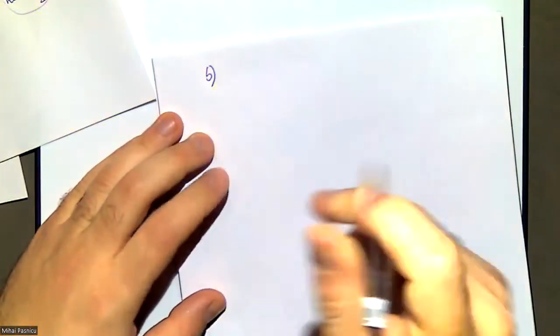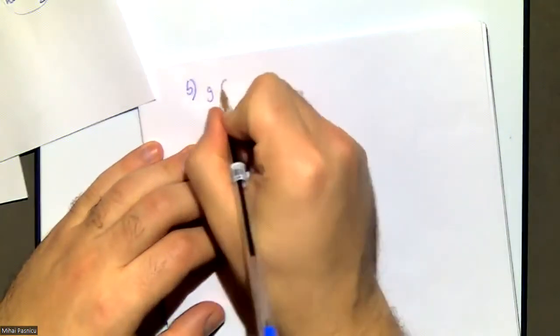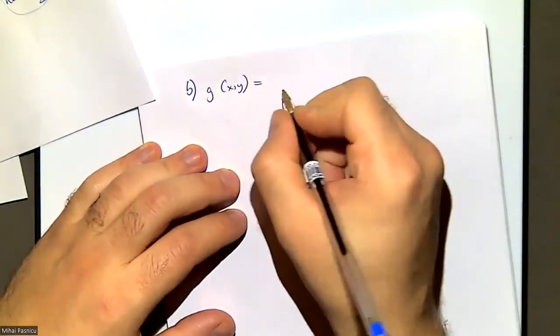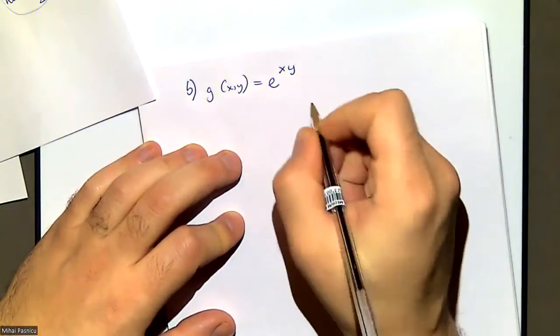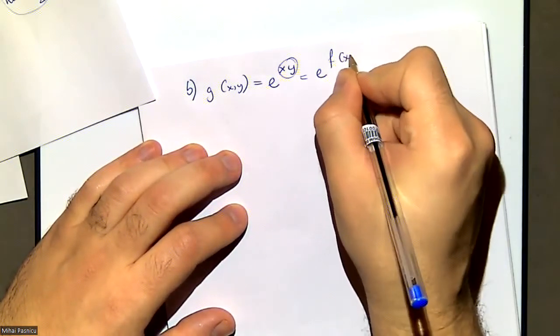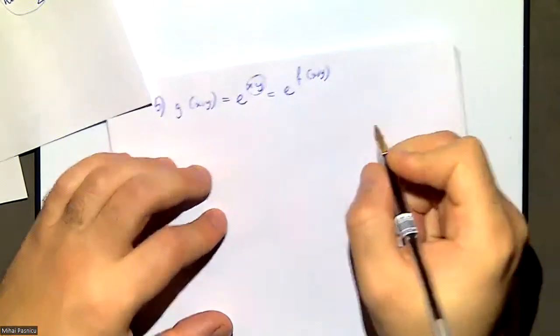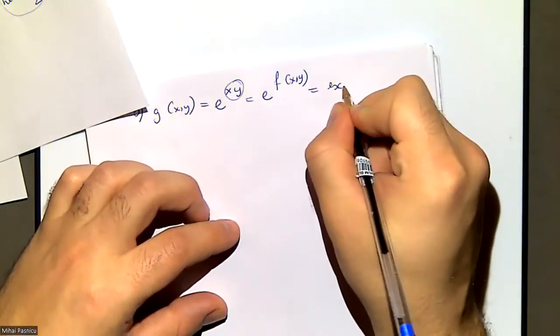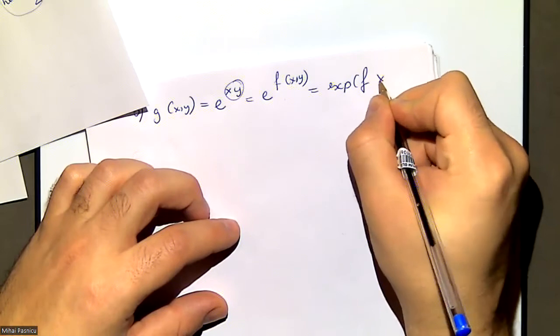As you can tell, it's probably the same. B is just G of xy is equal to e to the power of xy. Again, you notice this is an f, so it's just e to the power of f of xy. And you can just say this is the exponential of f of xy.